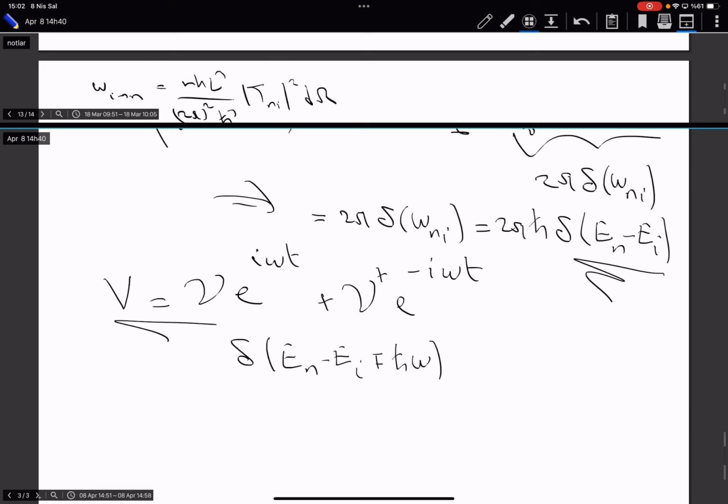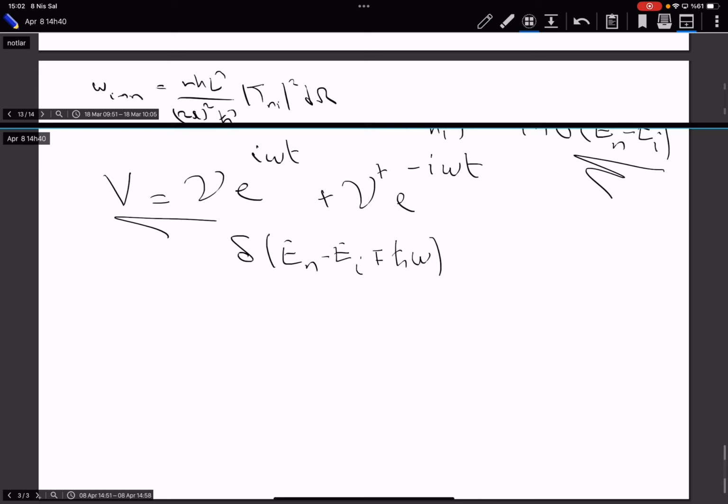Now, once we had the formalism, we had the time-independent potential, potential with harmonic time dependence. We looked at transitions from discrete states to discrete states. We looked at transitions from discrete states to continuous states, that is the ionization. So initially you have an electron bound to an atom. You know their wave function.